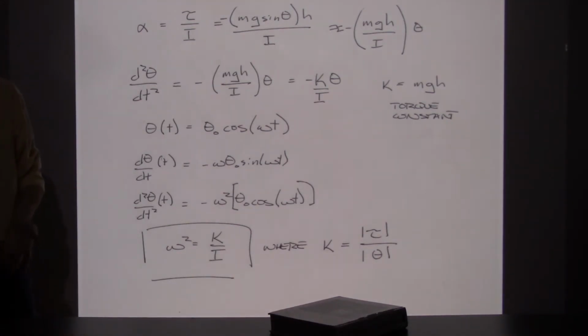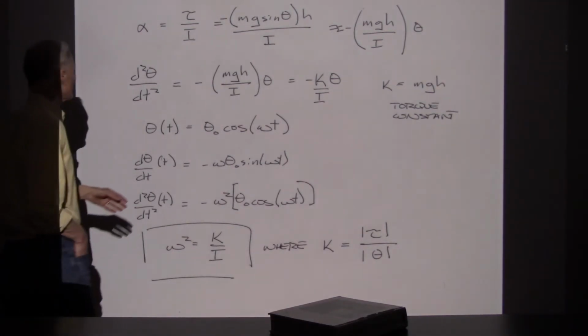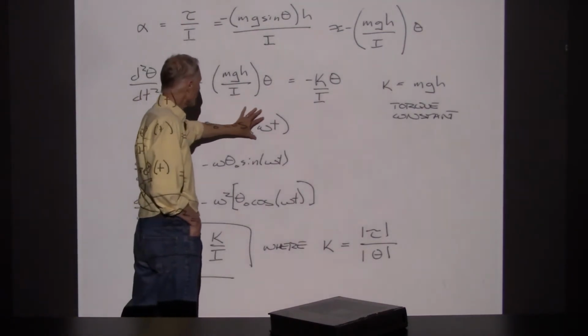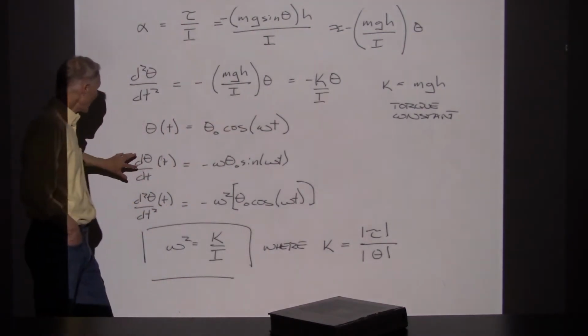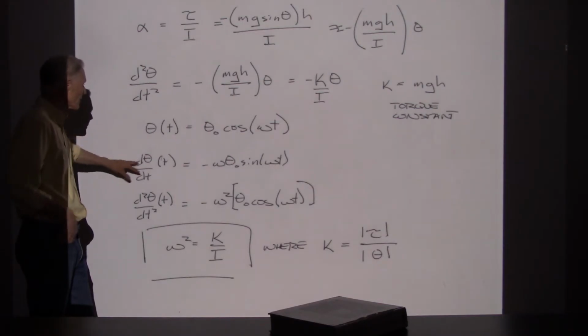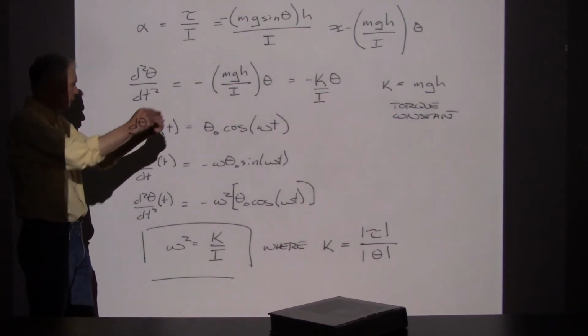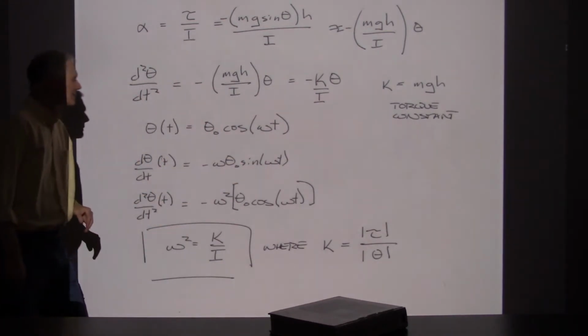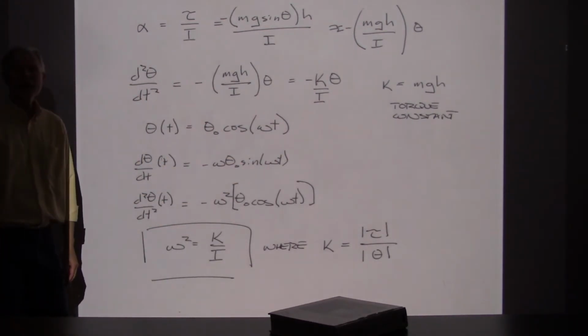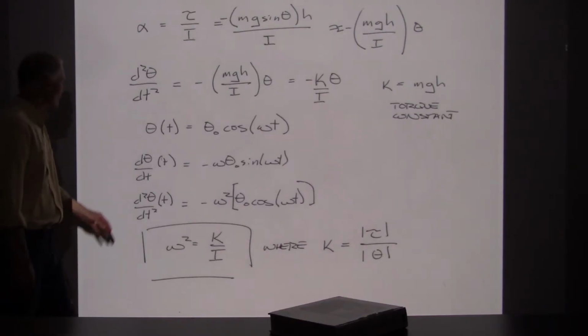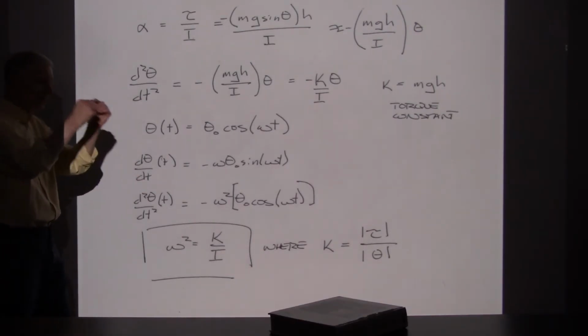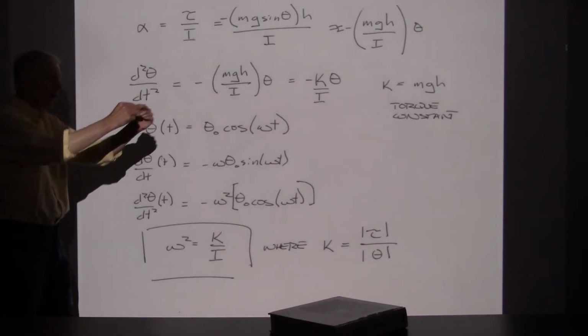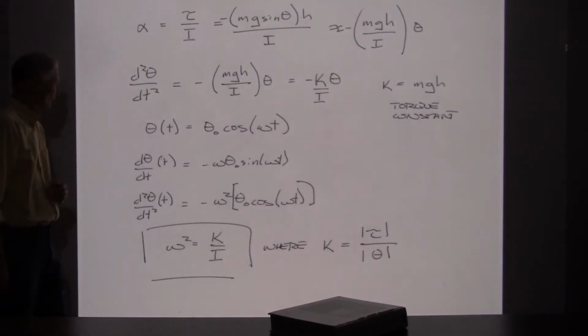So some number of degrees of amplitude, theta naught, times the cosine of omega t. That makes the velocity, the angular velocity, the rate at which it oscillates back and forth. Now that's not the same thing as omega. That is an oscillatory frequency. So this is actually an angular velocity, how fast the object is moving back and forth.